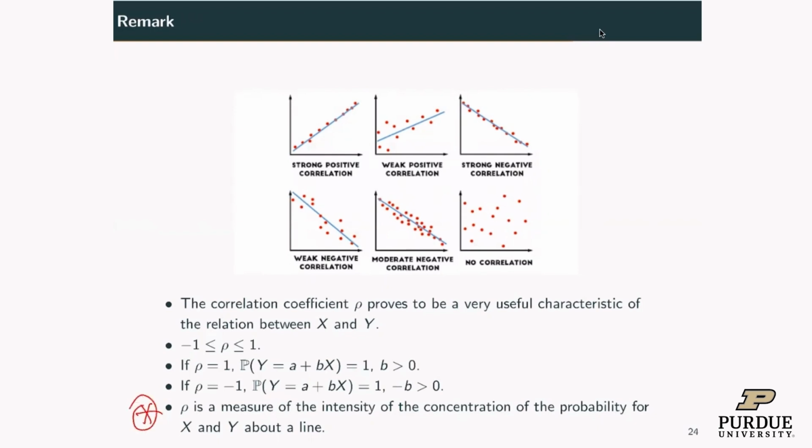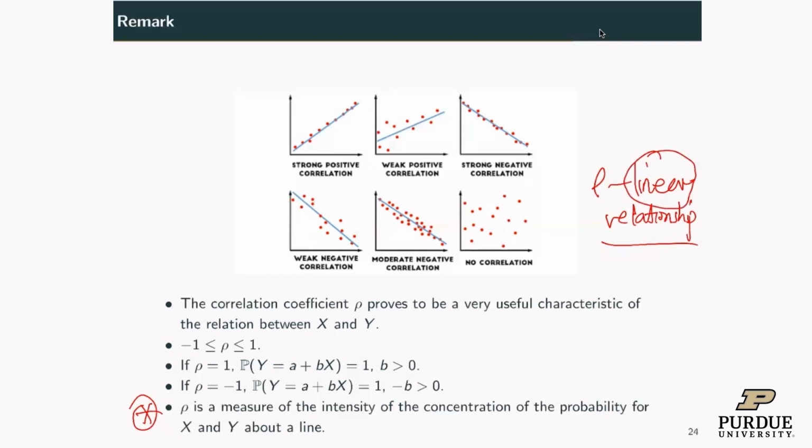Rho is a measure of the intensity of the concentration of the probability for X and Y about a line. So this means rho characterizes how strong the linear relationship between X and Y is. Be careful, linear, that's the key.